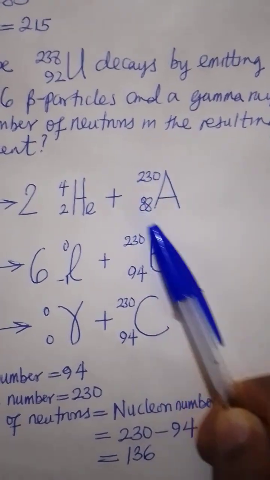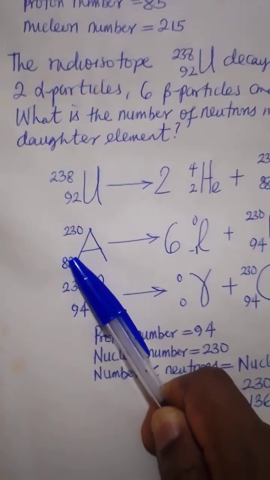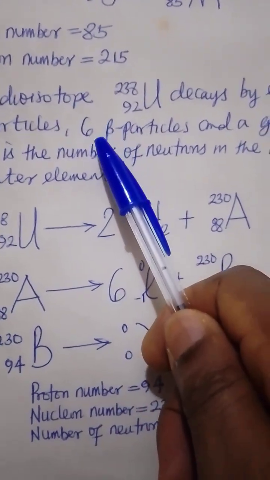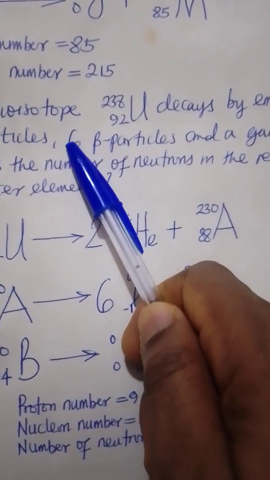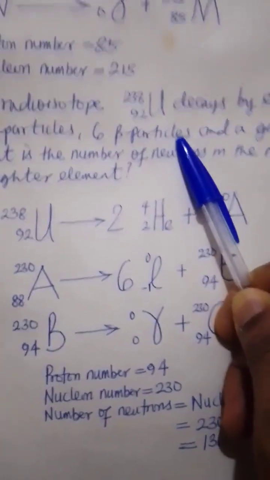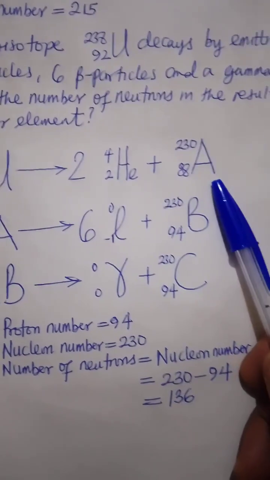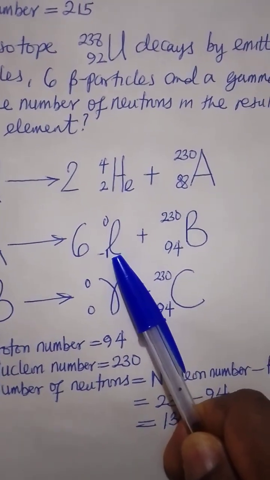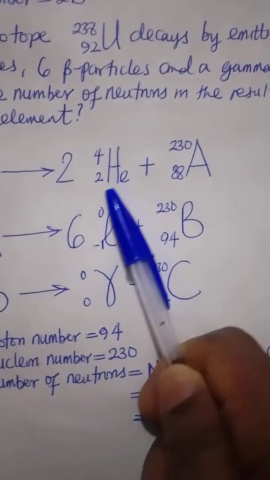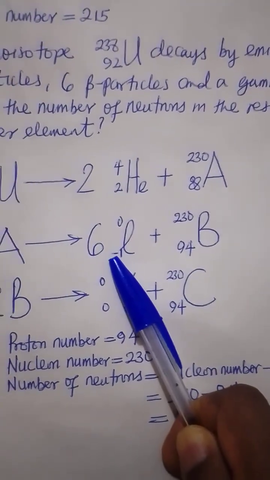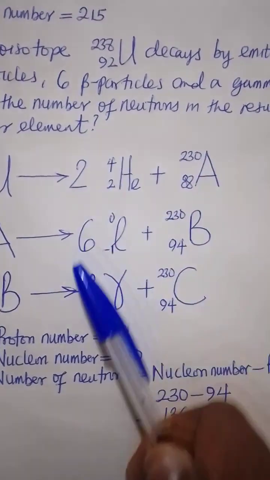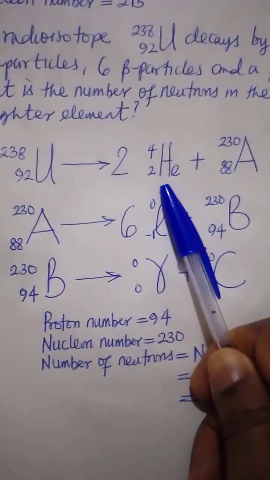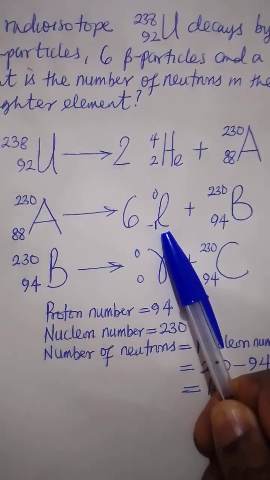You will transfer this to the other side because we're told that it further emits 6 beta particles. Don't forget, beta particles are fast moving electrons, and we represent beta particles using the symbol e, 0, minus 1. We're told 6, so you multiply it by 6. So 6 times 0 is 0, 6 times minus 1 is minus 6.